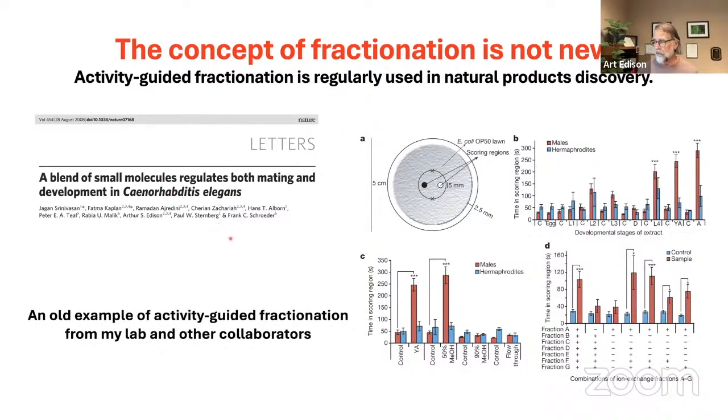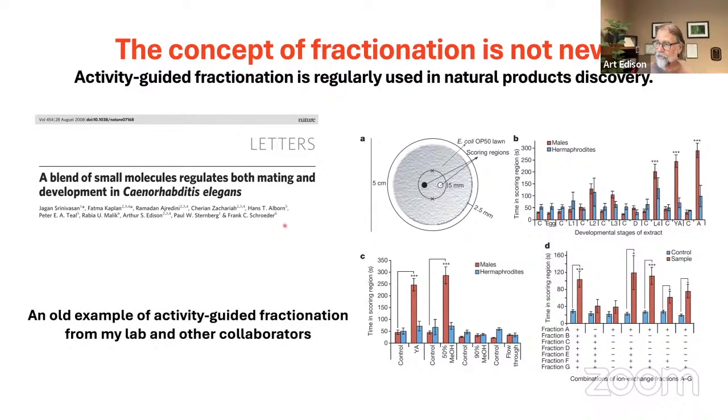What I'm highlighting in this one slide is really just a summary of a gigantic amount of work and a whole other lecture, but it's a study that we published a long time ago now in 2008, where we used activity-guided fractionation to purify a mating pheromone in the nematode Caenorhabditis elegans.